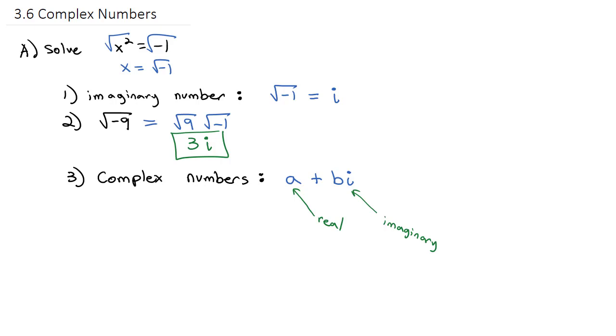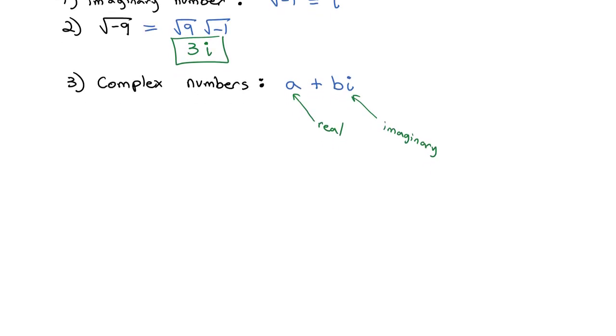Now, what's nice about these new complex numbers is they still work very much like every other number we have seen before. So we can do algebra with these complex numbers. And it's going to work very similar to how algebra works with normal numbers.